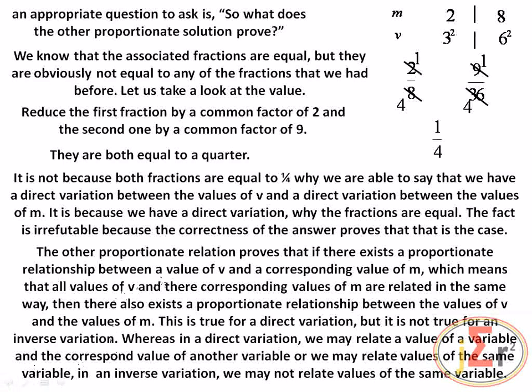The other proportionate relationship proves that if we have this value related to this one in a proportionate way, and this one relates to this one in the same proportion as we had over here, then also because of that these two will be related, and also that these two will be related, which is values of the same variable will be related, and that is as a consequence of this being related to this one and this one being related to this one.